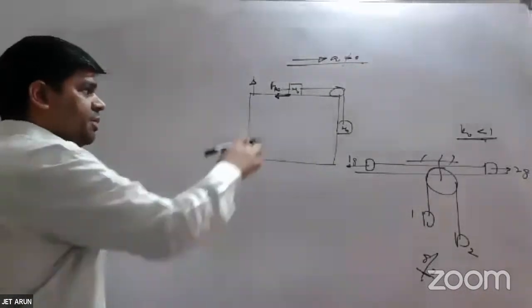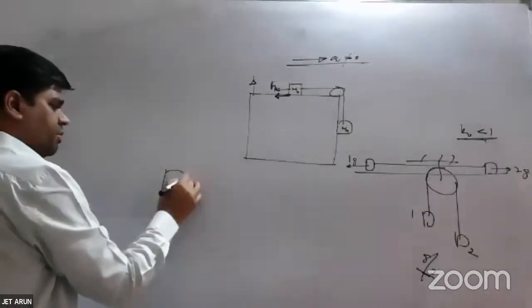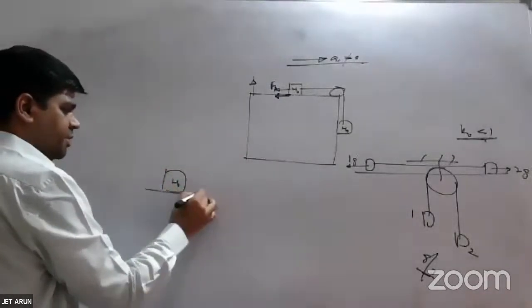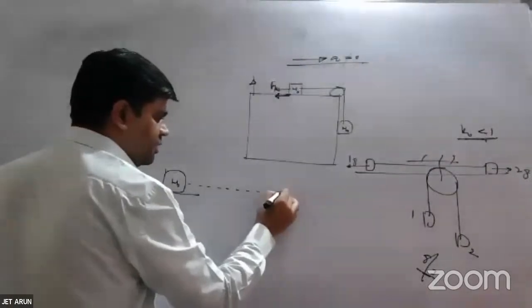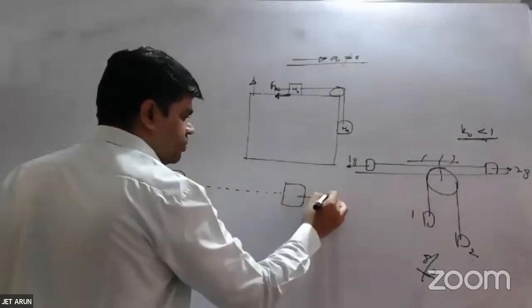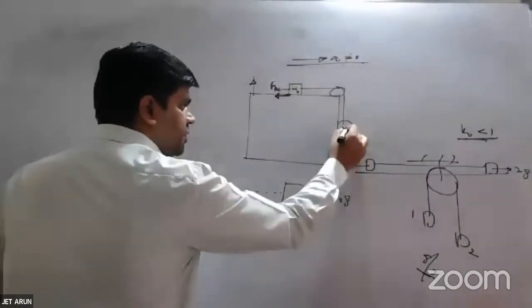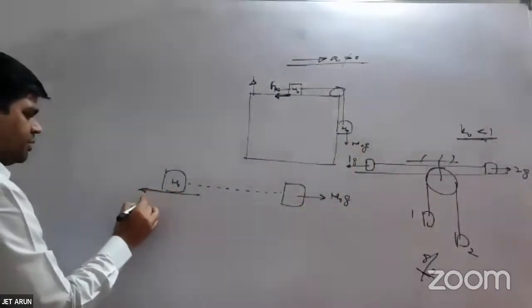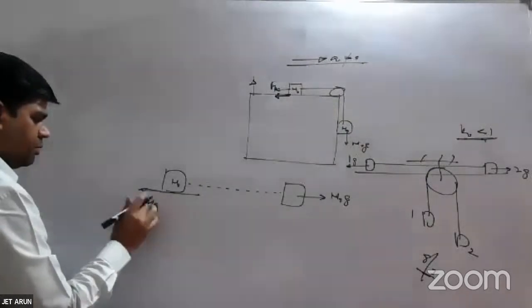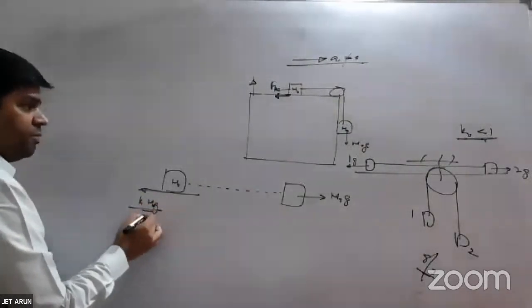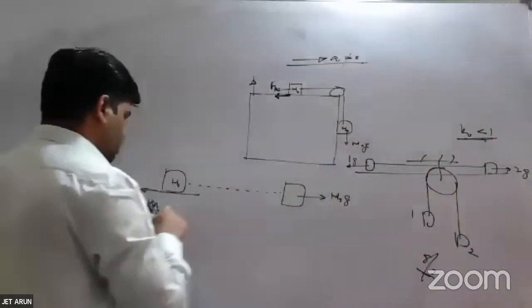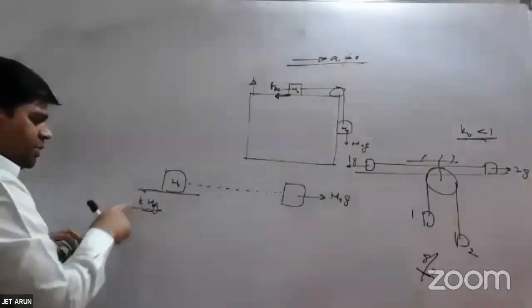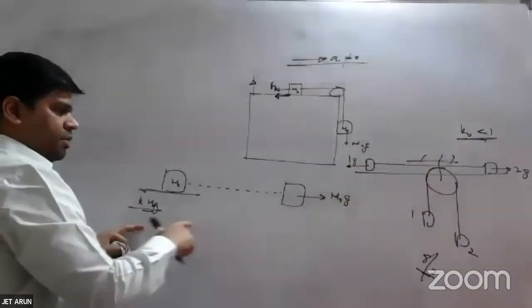Yes, sir. Similarly, I'll do the same thing over here. I'll draw the smaller block m naught on the table like this. I'll straighten the vertical block. So the supporting force will be m naught g, and the opposing force over here is friction, which is mu mg. Because mu is less than 1, it will definitely shift towards right because mu mg is less than m naught g.